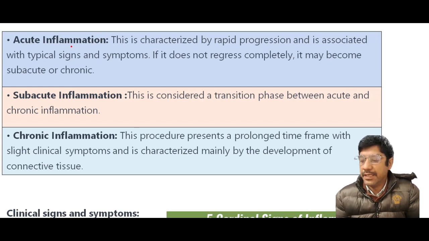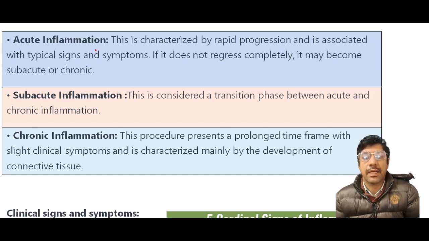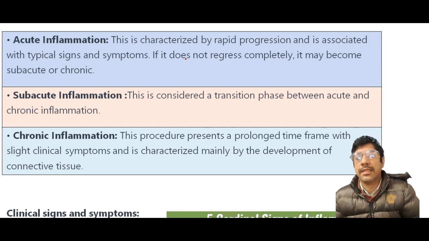The first is acute inflammation. It is the initial response to injury or infection, and it is characterized by rapid onset. It typically lasts for a short duration, from minutes to a few days, and involves the release of inflammatory mediators like histamines, bradykinin, and prostaglandins.